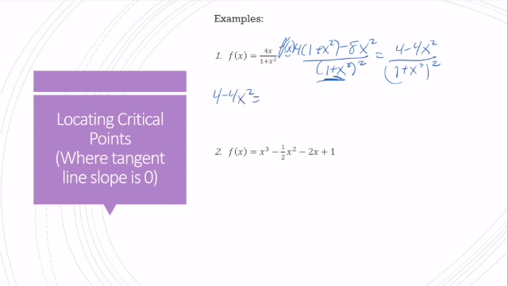Subtract 4 from both sides: negative 4x squared equals negative 4. x squared equals 1, x equals plus or minus 1. Now if I look at the graph, I know I have a local min at x equals negative 1 and a local maximum at x equals positive 1.